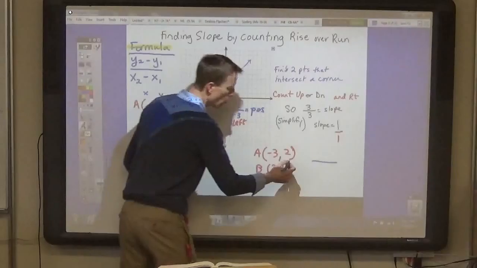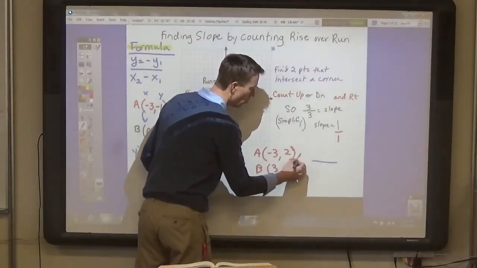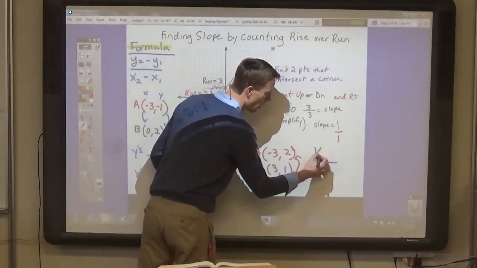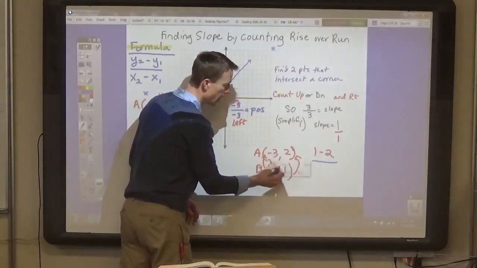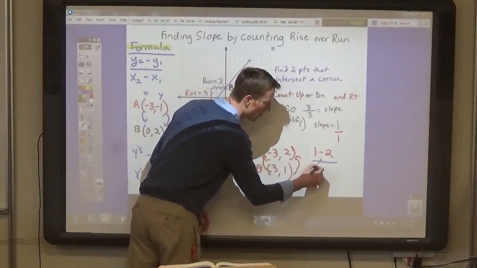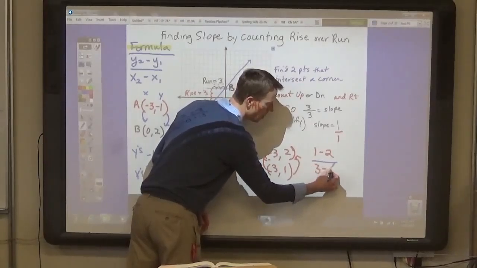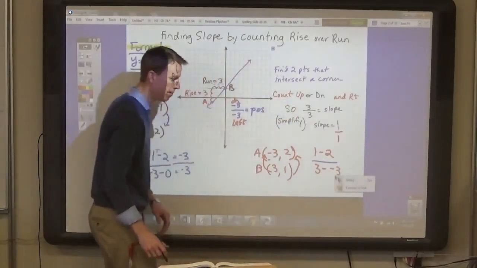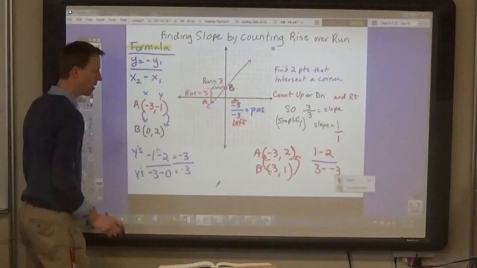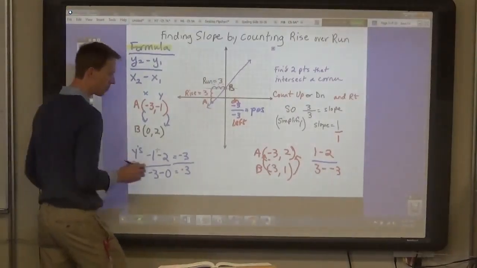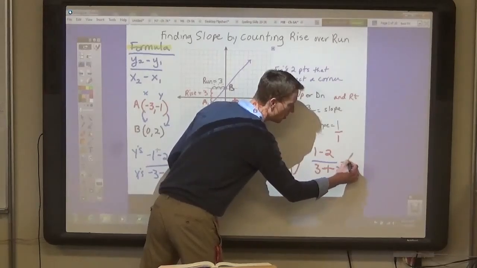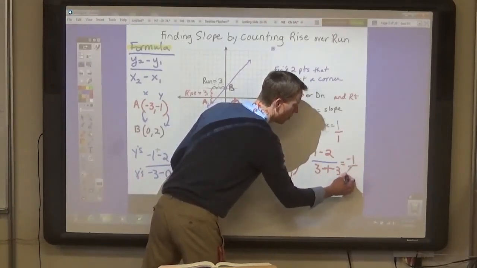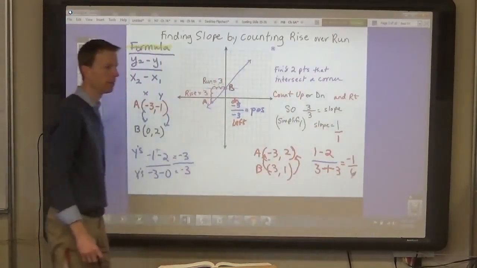So if you reverse the order, and you did 1 minus 2 on the top, and then you did 3 minus -3, you'd add 3. Then you'd add 3, correct. So this would become plus, and this would be -1 over 6.